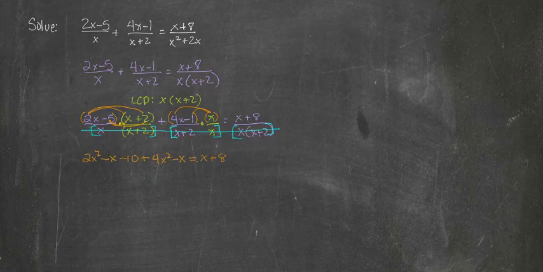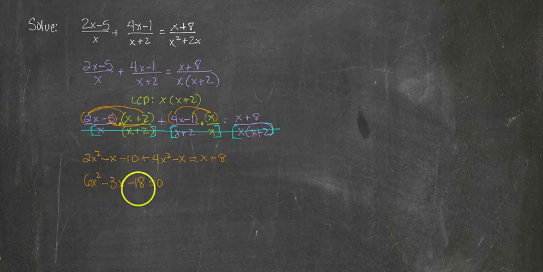So I want to combine like terms, bring everything to the left-hand side so I can find the zeros or the solutions for this equation. So 2x² plus 4x² is 6x², minus x, negative 2x, take away another x, negative 3x, negative 10, that looks to be my only constant, negative 10 take away 8 is negative 18, equals 0.